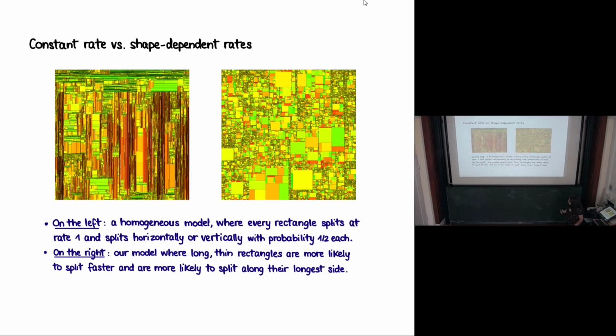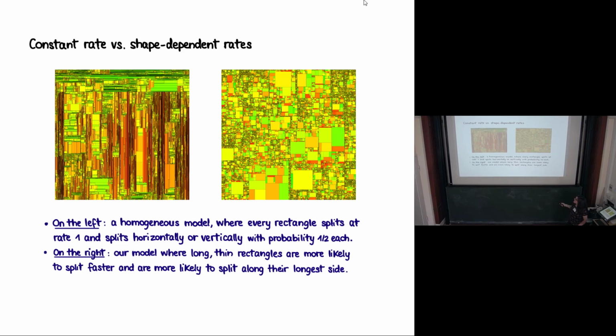So just two final comparisons of the model with constant rates and the model that I just defined in the previous slides. On the left, every rectangle is splitting at a constant rate 1, and we have the same probability 1/2 of choosing to split either vertically or horizontally.